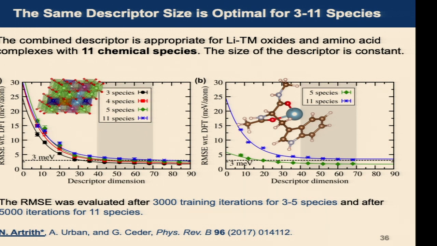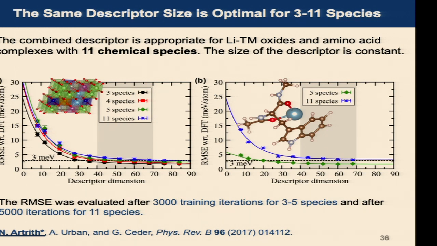And in the same way, we also use the same descriptor to describe amino acids that we also get from a database. We pick the reference data that contain 5 chemical species, and we also collect all of the database that they provide, so we have 11 chemical species that we also test to see how many descriptors are needed.